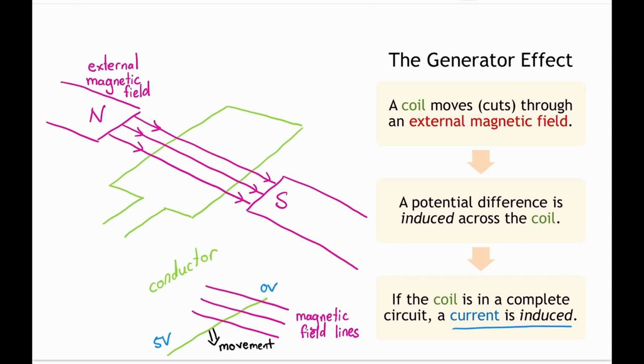In this case, that means that as the coil is rotated around, its sides cut through the magnetic field lines of the external magnet, and this induces a potential difference across its terminals. Depending on the speed of rotation, this might be 10 volts, for instance.